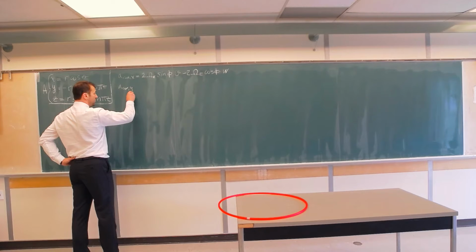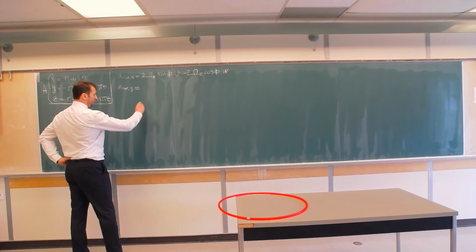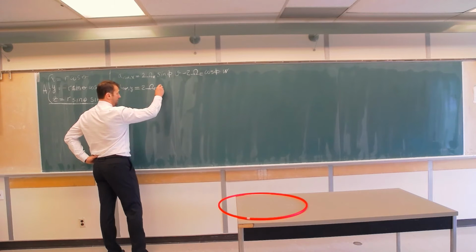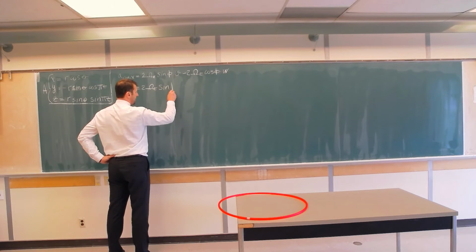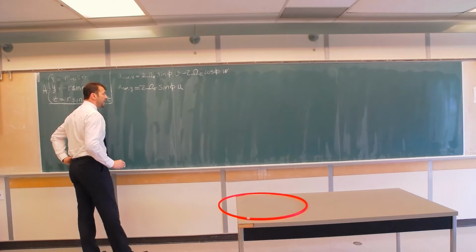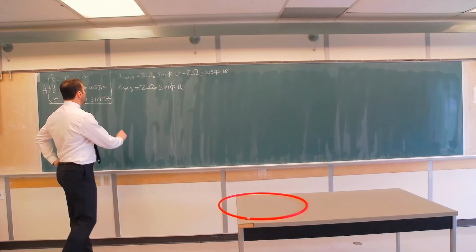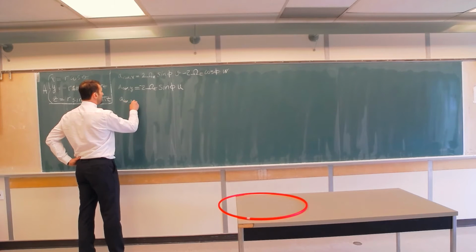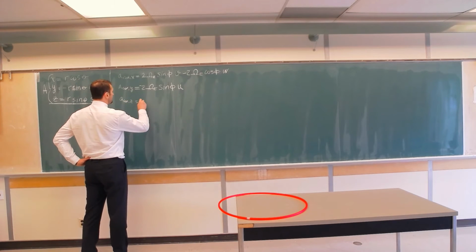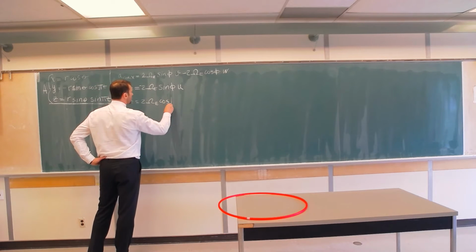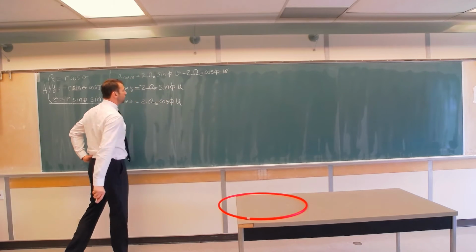Coriolis acceleration in the y direction is equal to omega e sine phi times u, but with the minus sign in front of it. And the Coriolis acceleration in the z direction is equal to omega e cosine phi times u.